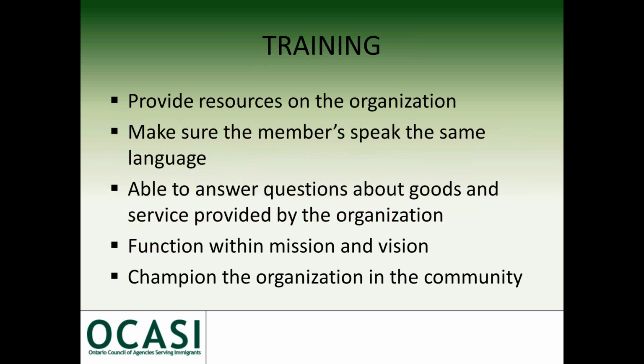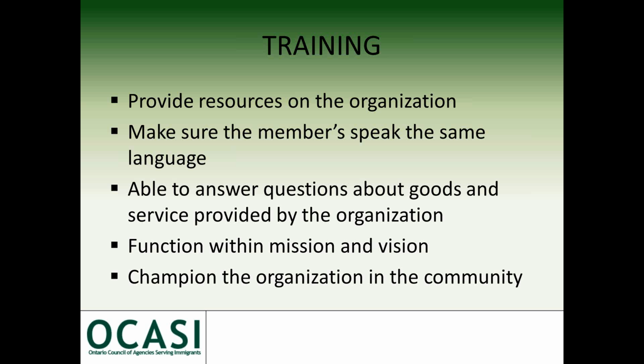Okay. Provide resources on the organization. So for instance, if you are in the process of recruiting and I have a 2 or 3 week wait before, if that's the process that you're using, train me to become the board member you want me to be, right?